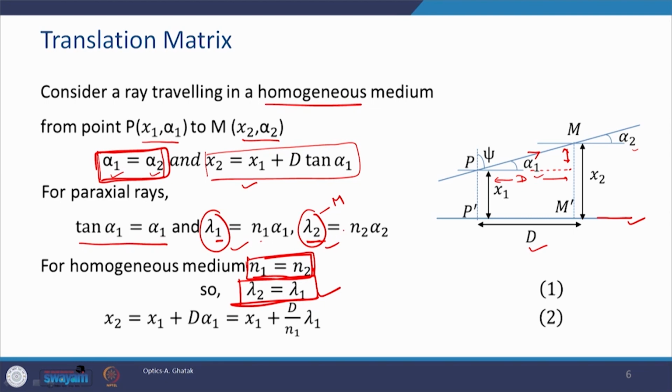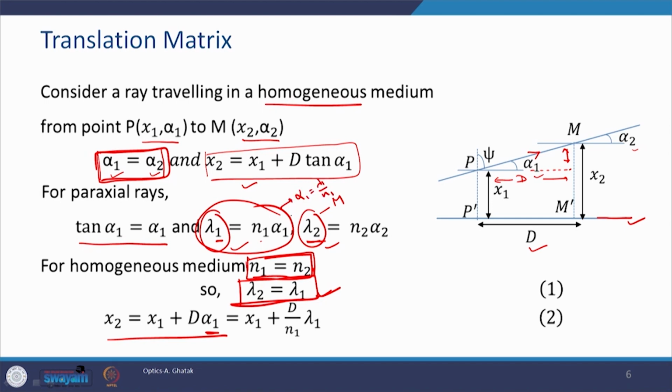Now we know the relation between lambda 2 and lambda 1, and the relation between x2 and x1. Here under paraxial approximation, we replace tan alpha 1 with alpha 1. Alpha 1 from this relation is equal to lambda 1 by n1.